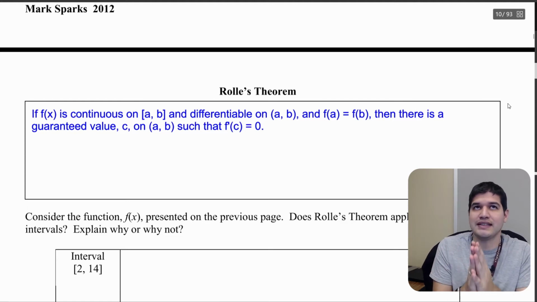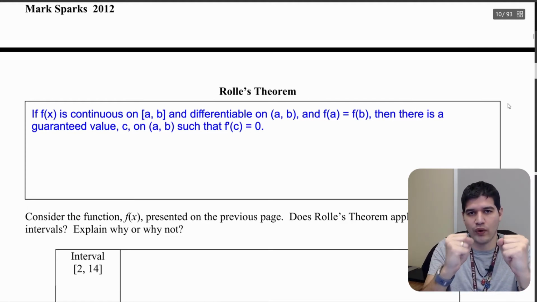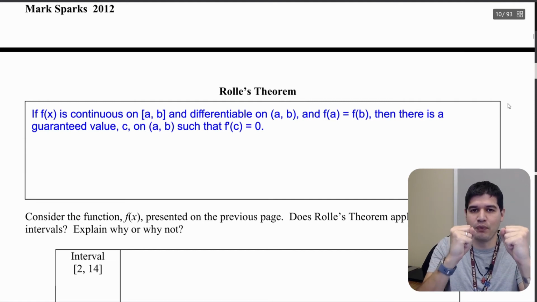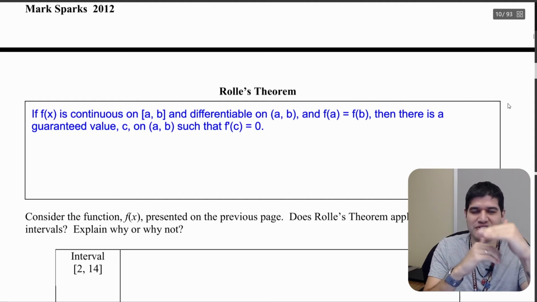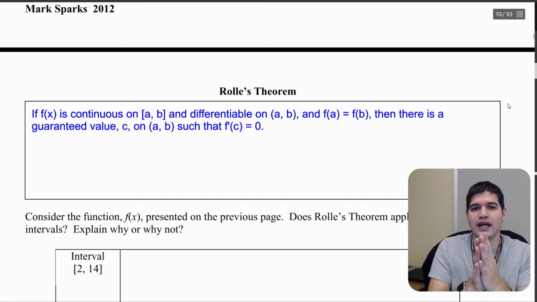What that's saying is that if we have 2 even points, then at some point in between there needs to be a maximum or a minimum, or it could just be flat, but at least one of those things is going to be happening.